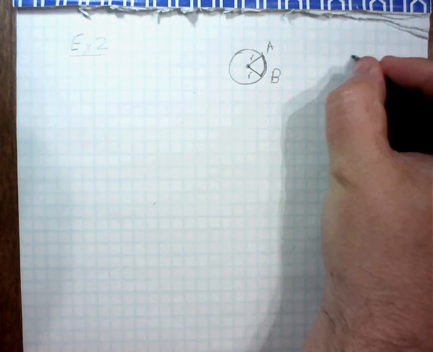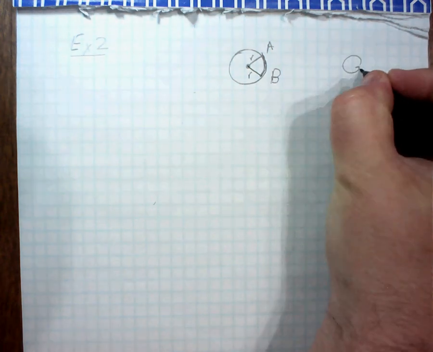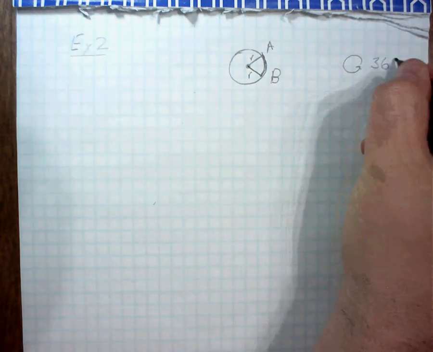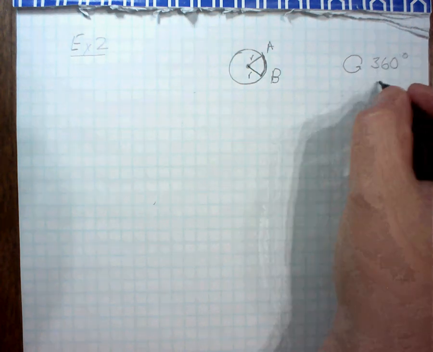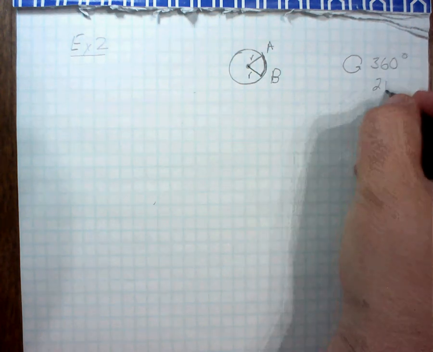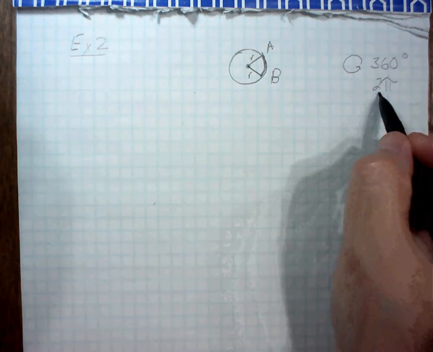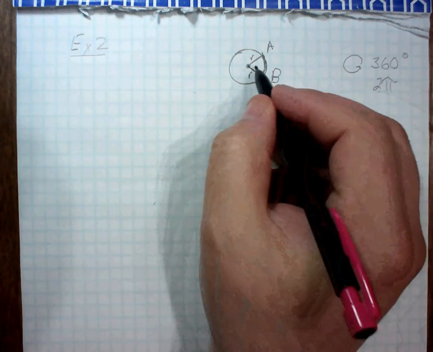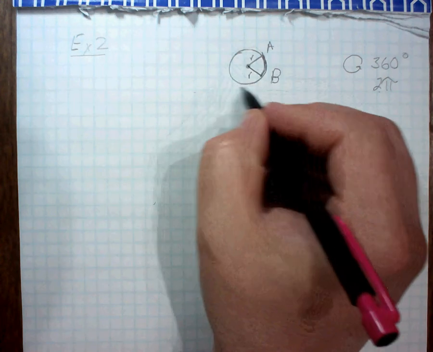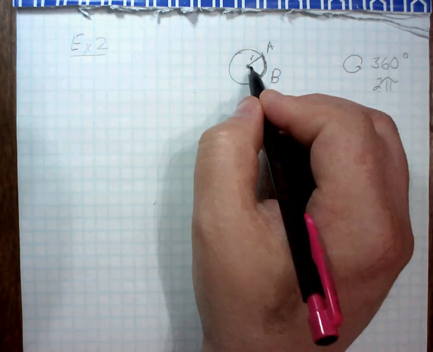So remember that a circle, if I go one full rotation, that's 360 degrees, or it's also equal to 2 times pi. So if you notice in our formula for circumference, we have 2 times pi. Well, if I don't measure the whole 360 degrees, I'm measuring a portion of it.